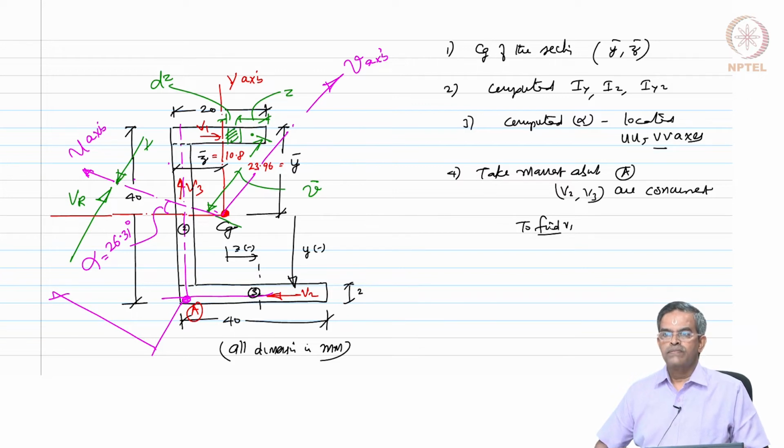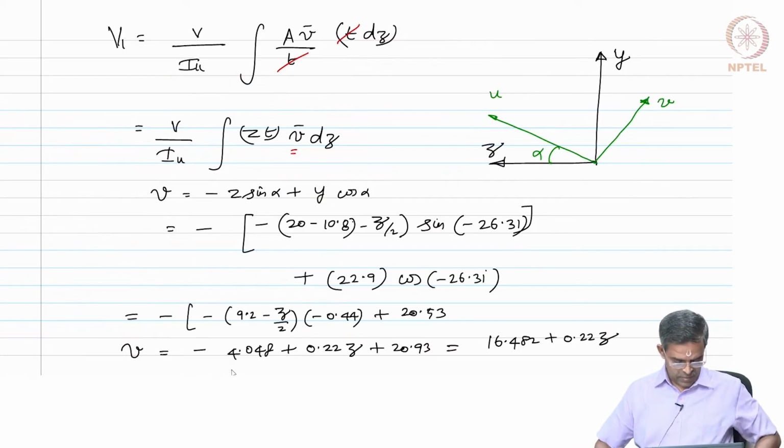To do that, we wanted to find out the distance V bar, because we are transforming the problem to principal planes. This was the expression we had to find out V bar. So, V bar is 16.482 plus 0.22Z. Then we substitute that V bar here in this equation and get V1.